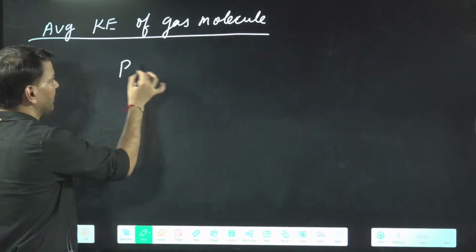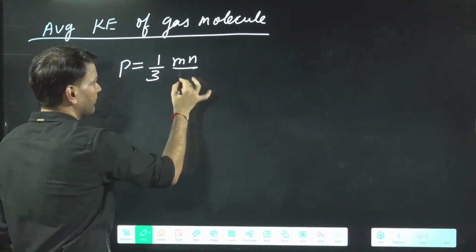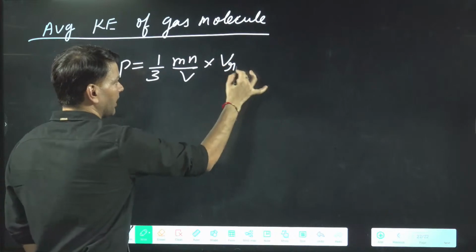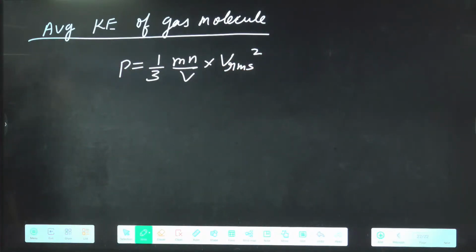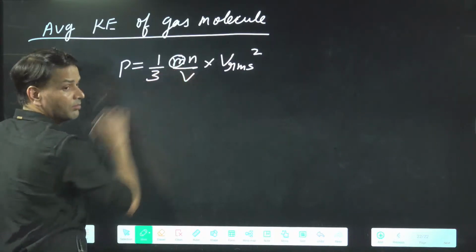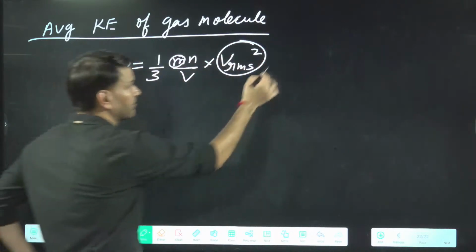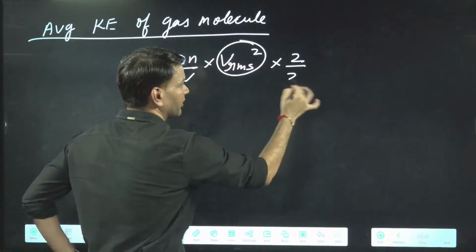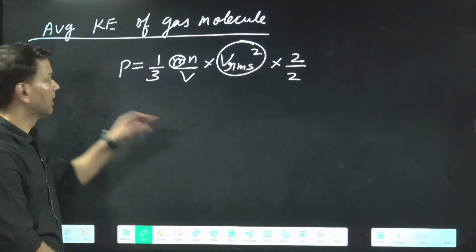So P we are getting what? 1/3 mN by V into V RMS square. Here m is the mass of molecule, V RMS square is velocity square. Again the same thing I can do, multiply with 2, divide with 2. Yes or no?